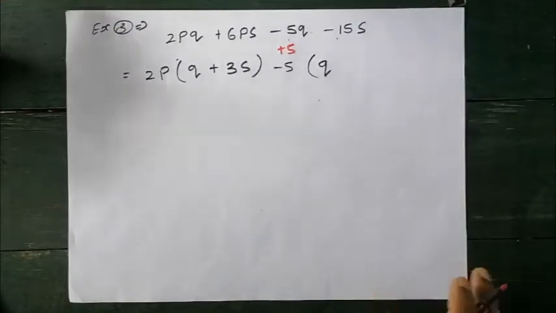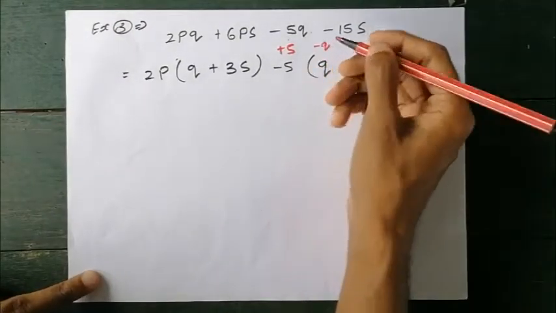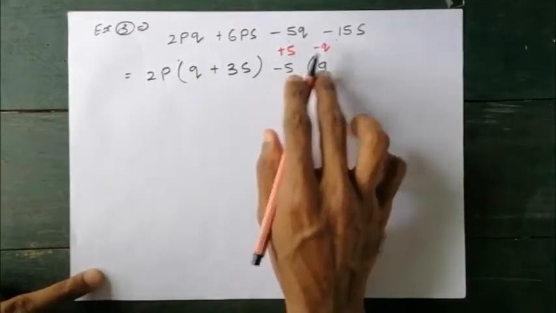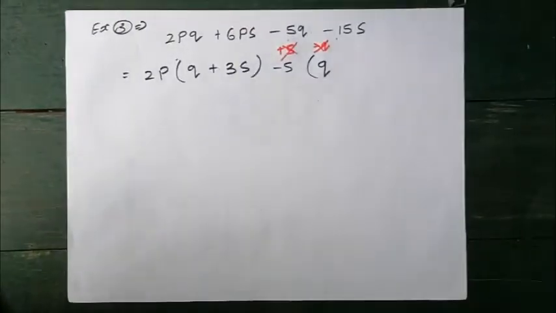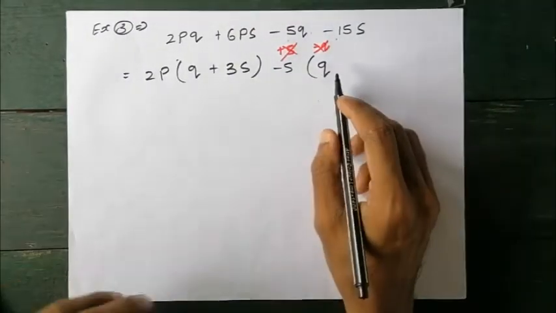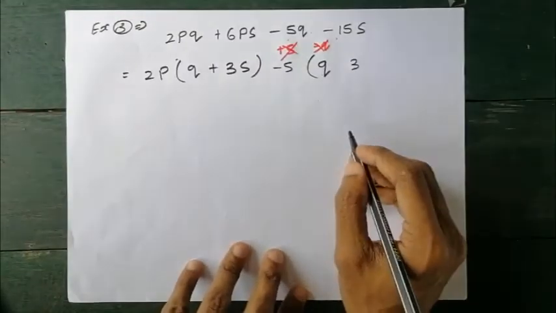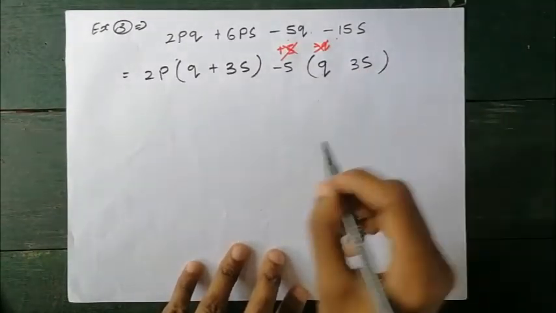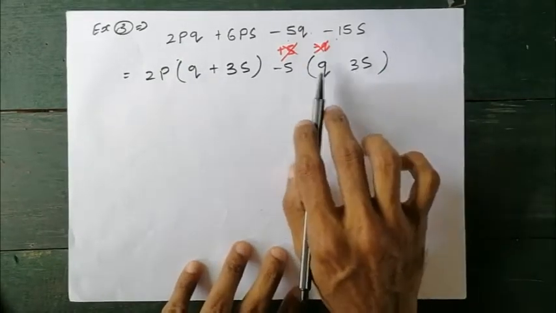If you take plus 5, q must be minus q. So the result is different. That's why we take minus 5. Okay, so q. 15 divided by 5, it's 3. S is remaining. So if we check q and 3s, q and 3s, the values are okay.